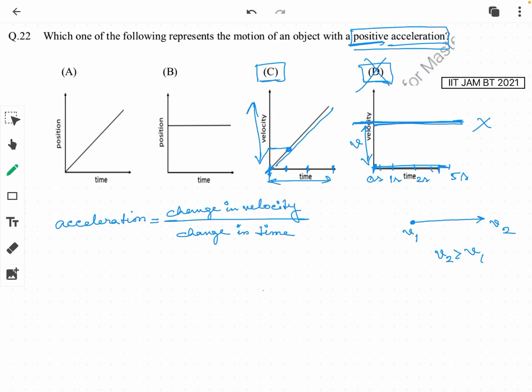When time is this, velocity is this, so we get a point here. When time is this, velocity is this, so we get a point here and we get this line. So option C is our correct answer for this question. That means option C is the graph we need, which represents the motion of an object with a positive acceleration.